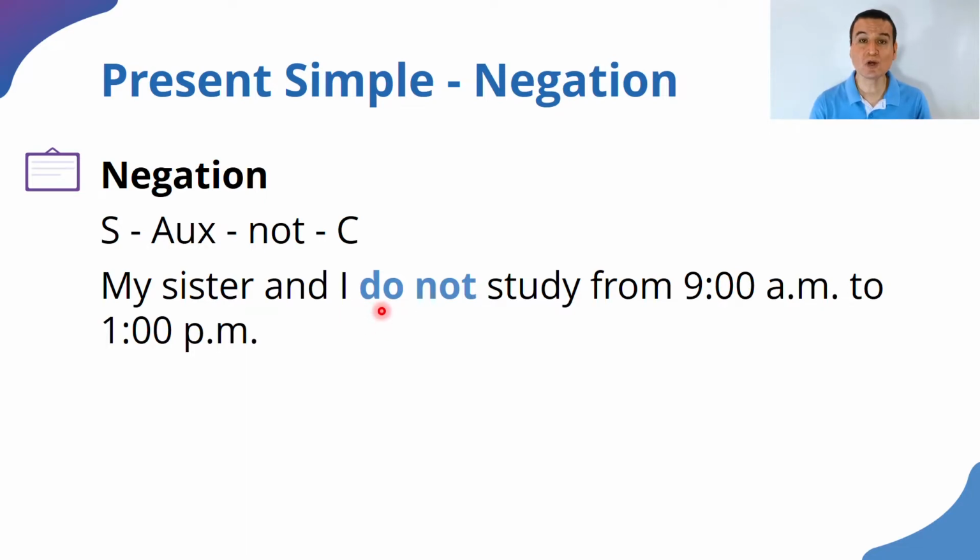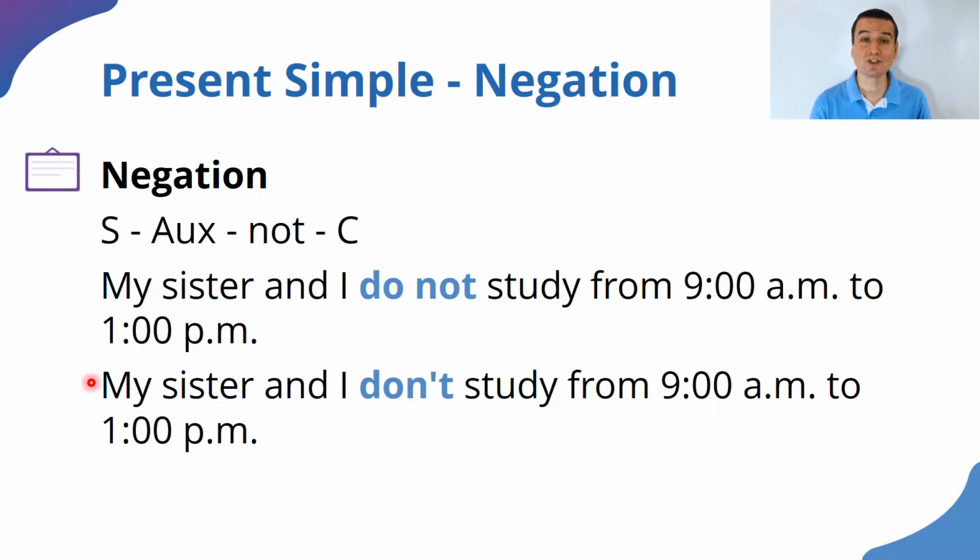We use do just to attach the not to, and we use that before the verb. Look, my sister and I do not, and then the complement in that case is the verb, do not study from 9 a.m. to 1 p.m. All right? So before the verb, in the base form, we add the auxiliary and then not. You may have seen this before, but I am here helping you remember that.